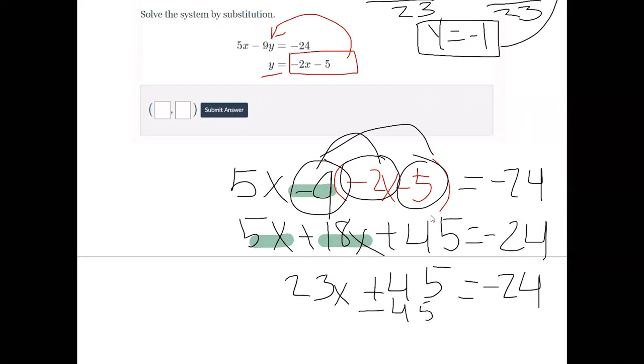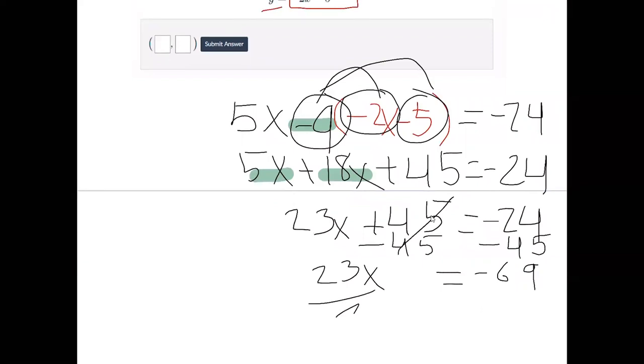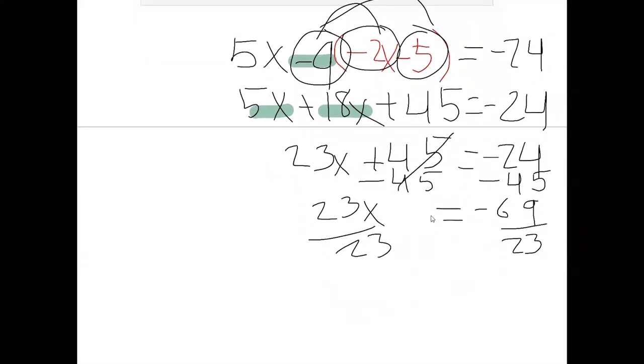Minus the 45, we would have 23x equals, if you work that out in a calculator, negative 69. And then our last step, we just need to divide. Negative 69 divided by 23 would be negative 3.